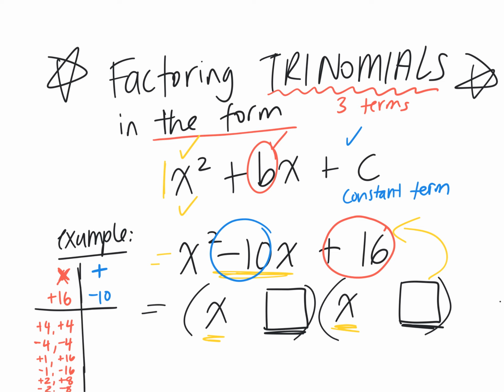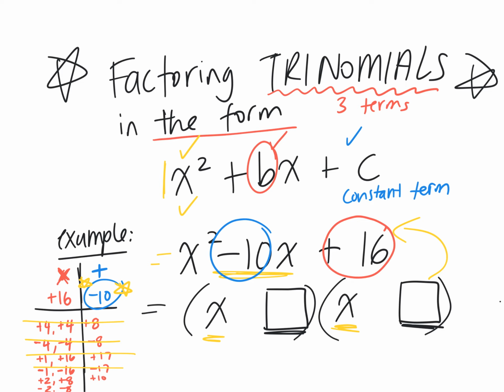We have to figure out which one of these will add up to negative 10. Well, what's 4 plus 4? 8. So that doesn't work, right? What's negative 4 plus negative 4? Negative 8. That doesn't work. It has to add up to negative 10. What's 1 plus 16? Positive 17. What's negative 1 plus negative 16? Negative 17. That doesn't work. What's 8 plus 2?